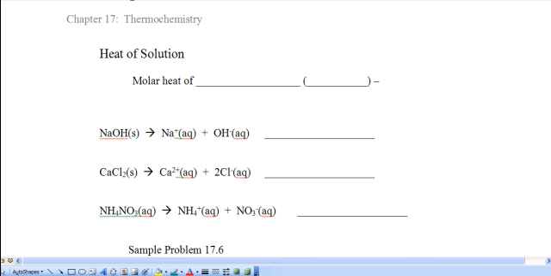And so you have another value, just like you have heats of fusion, heats of vaporization, heats of solidification and condensation, etc. You also have the heat of solution, which is given the symbol delta H soln.